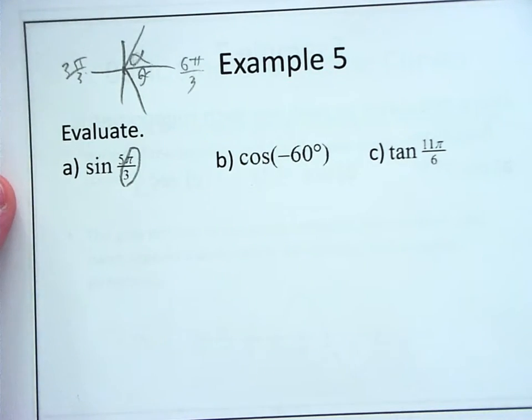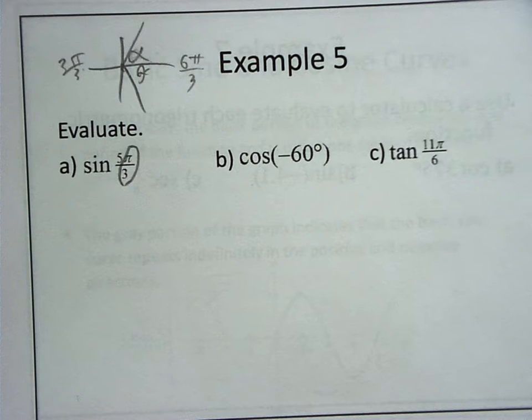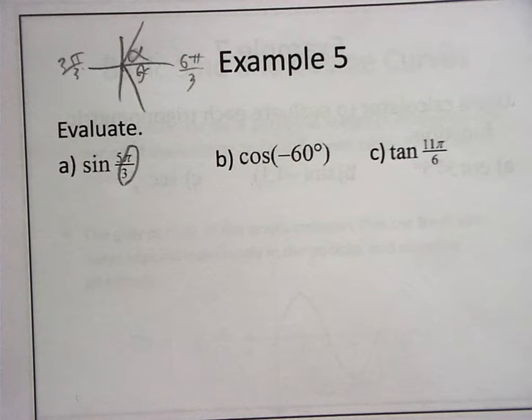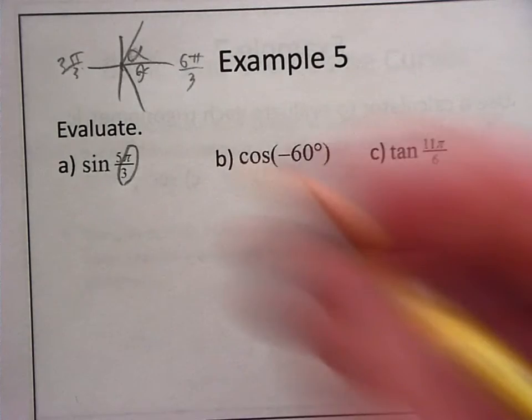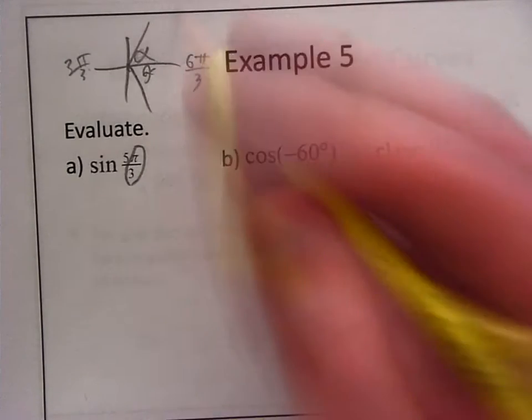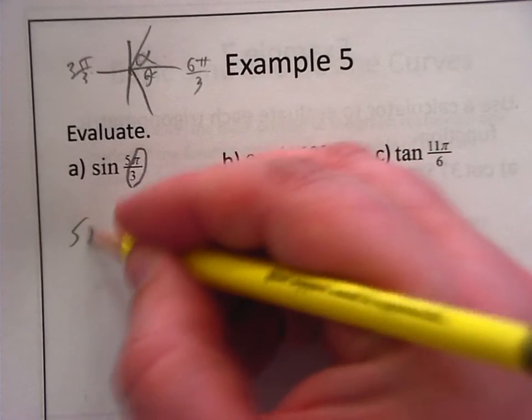All you have to do is look at that part of it. 5 pi over 3, 4 pi over 3, 2 pi over 3 all have a reference angle of pi over 3. 7 pi over 6, 5 pi over 6, 11 pi over 6 all go to pi over 6. Pi over 4 does the same thing. So you can always refer back just looking at that part. You don't actually have to do much with it. So for that then, I'm just going to think of pi over 3. At pi over 3, what's sine?